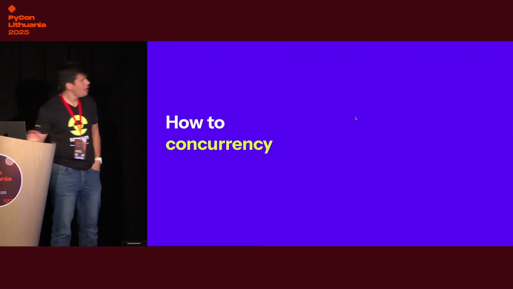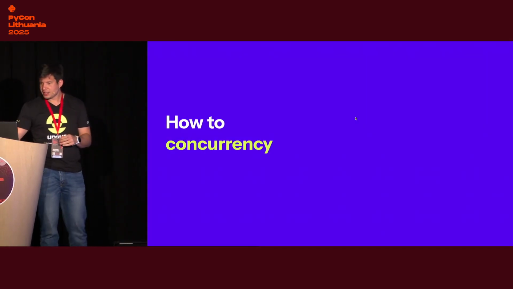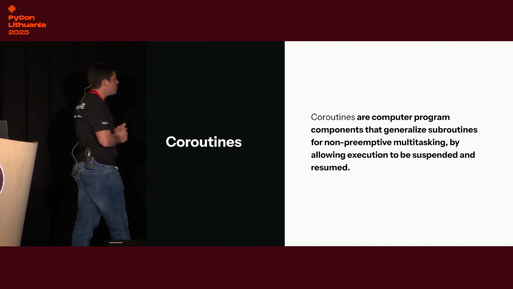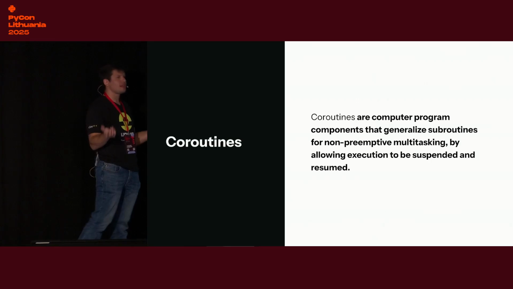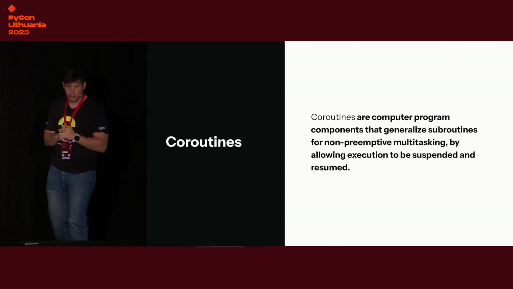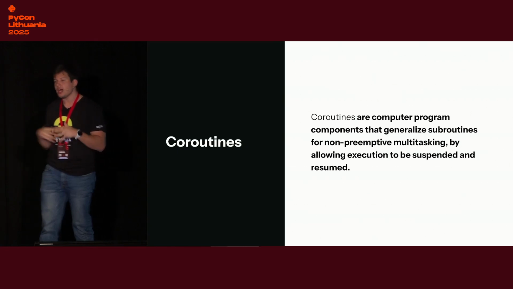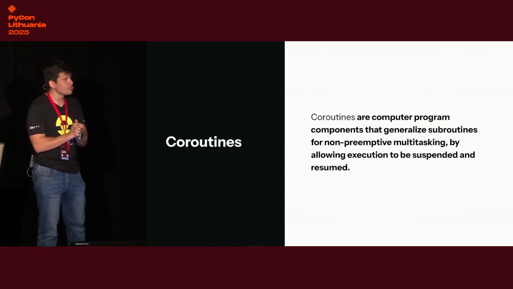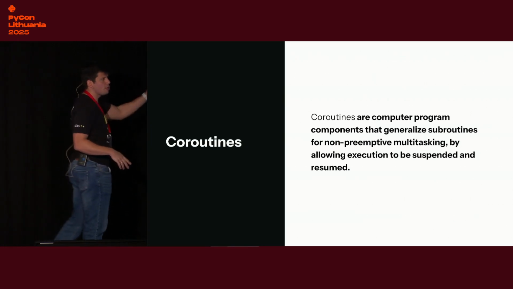In order to better understand this, we need to understand what tooling we have in order to run all those concurrent programs. First of all, we have a new notion. We call them coroutines. Coroutines in the previous examples were all these different tasks.